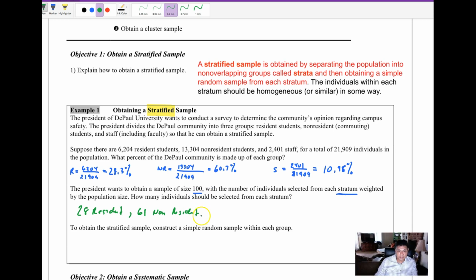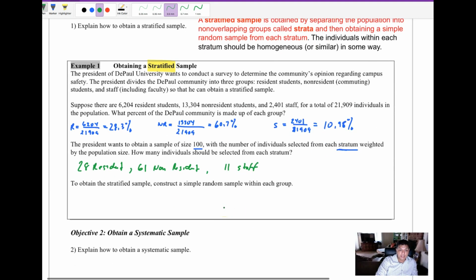These are approximations. And then 11 staff. That's how many we'd want. And then we would pick 28 out of the 6,000, 61 out of the 13,000, and 11 out of the 2,000 using a simple random process. That would be a stratified sample. And so that's what we would be looking at.